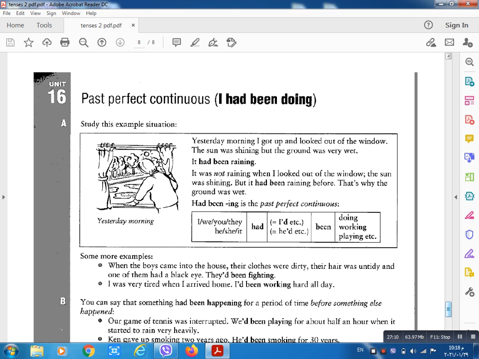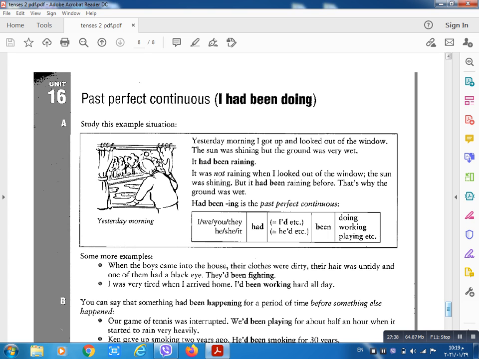When and how could I use the past perfect continuous? Just like the present perfect continuous, which I understand you students know. With the present perfect continuous, I use it to express that there is an action that has just stopped or recently stopped, or could be continuing until the time of speaking.